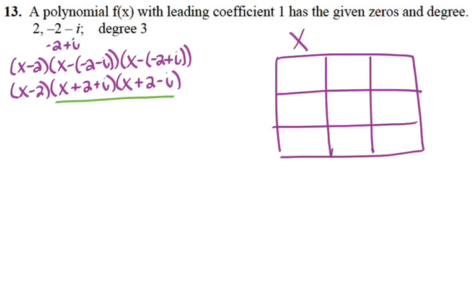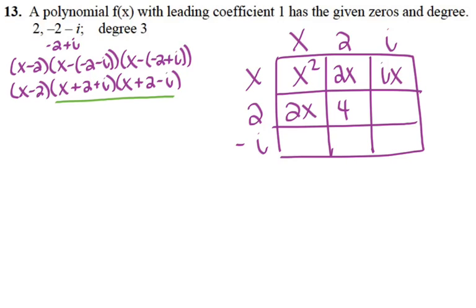So I have x plus 2i, or x plus 2 plus i, and then x plus 2 minus i. And then I can just multiply the sides of my box together. So that's x squared, 2x, ix, 2x, 4, 2i, negative ix, negative 2i, and then negative i squared.